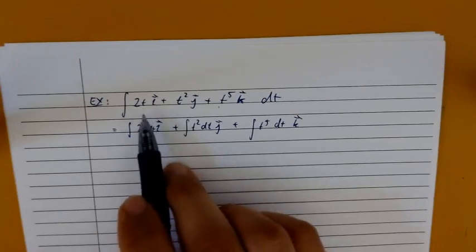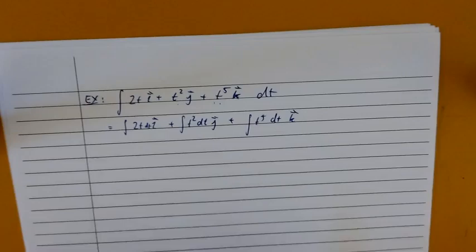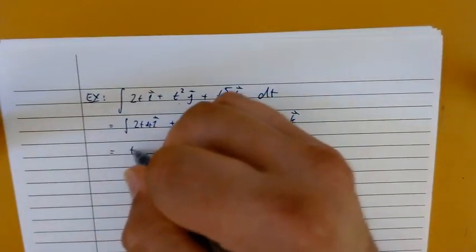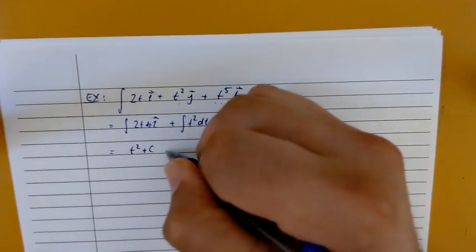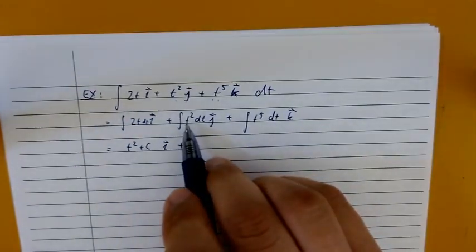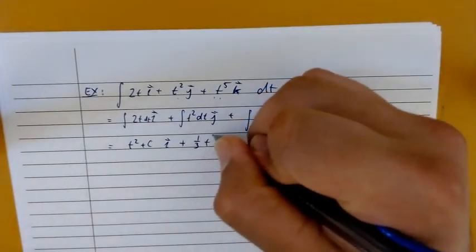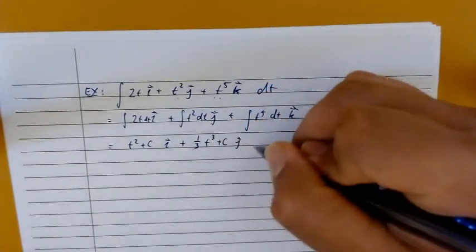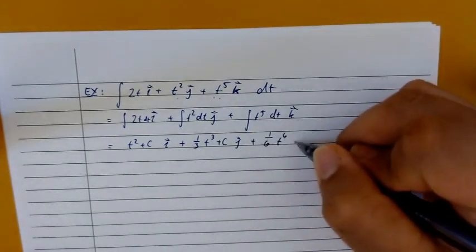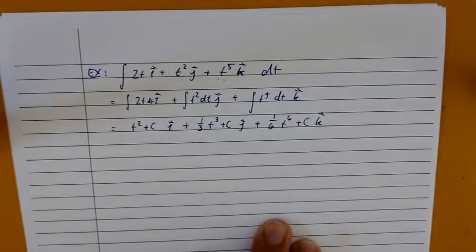Note, most people will do this part in their head. You don't actually have to write it out this way. You could just say, I know it's going to be the integral of this, the integral of this, the integral of this. So here that one would be t squared plus a constant, i, plus 1/3 t to the third plus a constant, j, plus 1/6 t to the sixth plus c k. And if you wrote it that way, that would be fine.